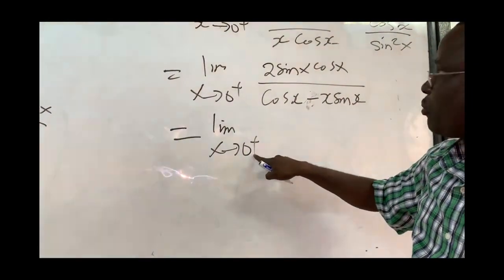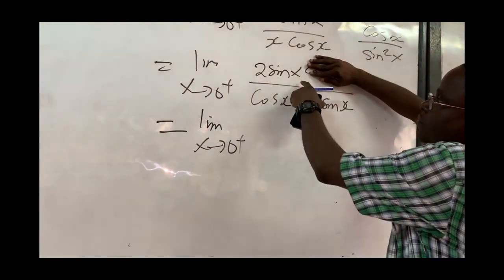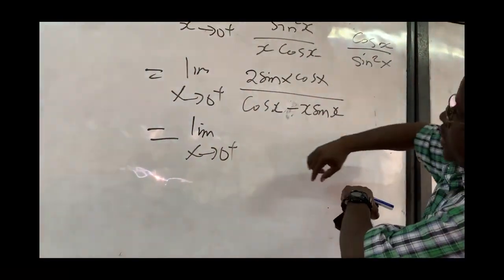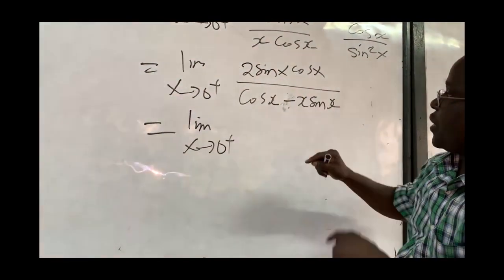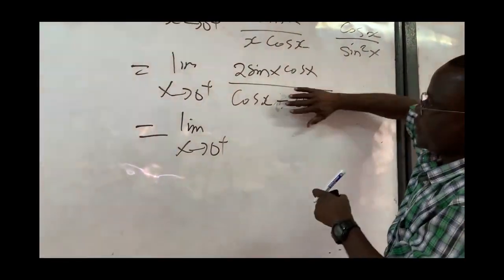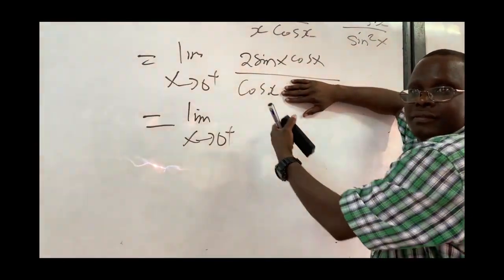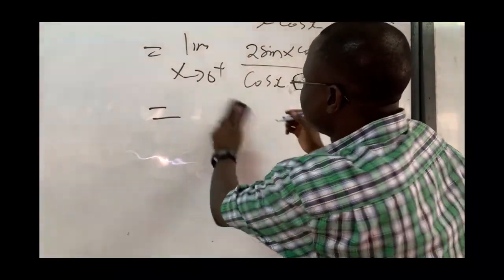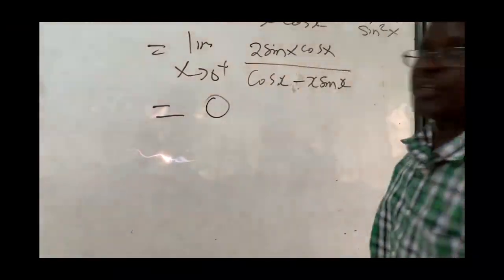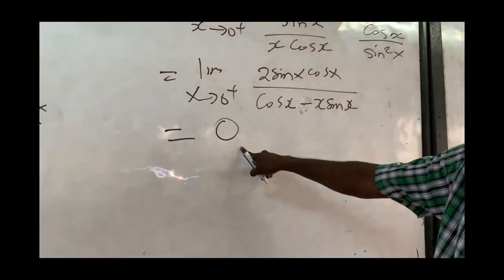As x goes to 0 plus, this guy is 1, this is going to 0. So you have 0 here. This guy is 0, but you have 1, so you're going to have 0 over 1, which is 0. So from here, we can conclude that this is going to 0. Good.